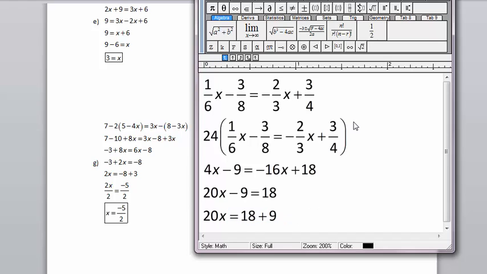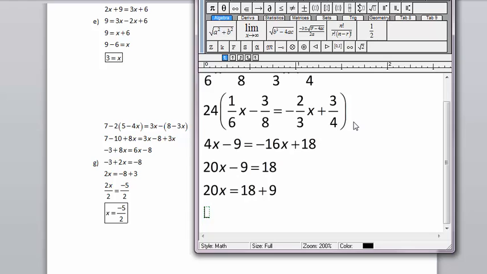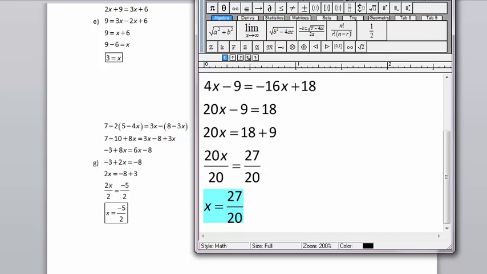We now have 20x equals 18 plus 9, or 20x equals 27. And we divide both sides by 20 to solve. Our answer is x equals 27/20 since that fraction cannot be reduced.